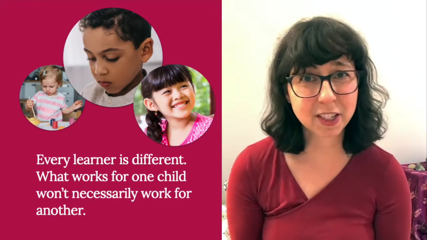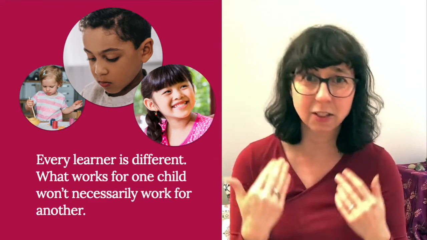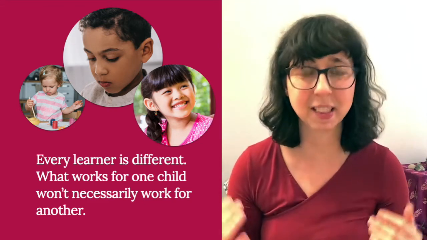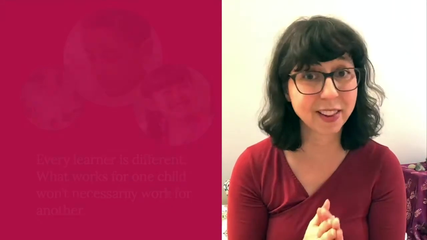So your child might really jive with this one method, but not with another. You might have a child who needs more structure. You might have a child that does very, very well with a spontaneous approach, doesn't really want to do anything that's specifically on a list. Another child might love the checklist approach and just want to march themselves on through a list of skills, okay, that they would be aware of themselves.